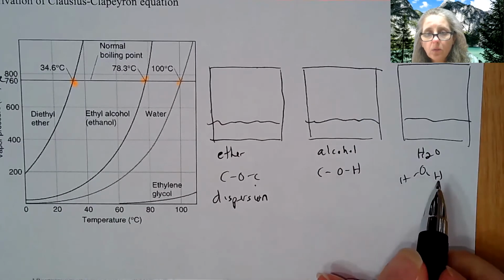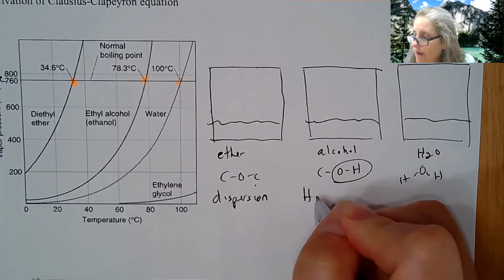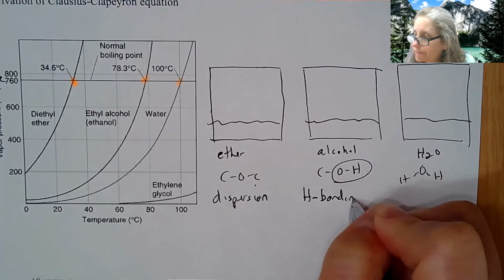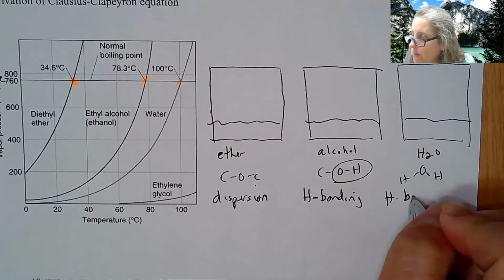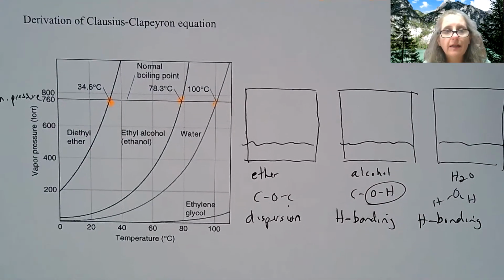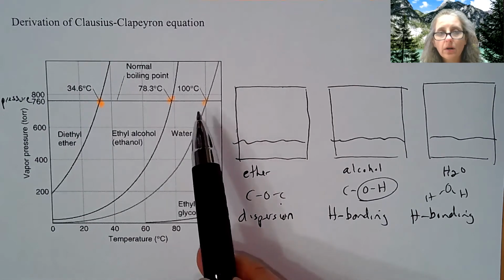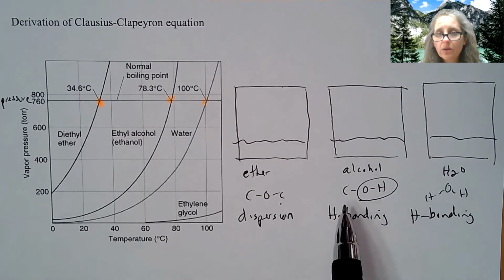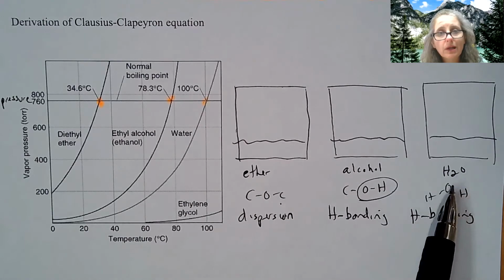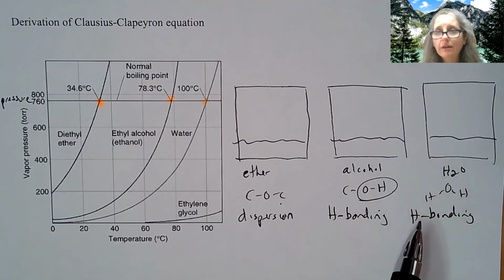While alcohol and water, because of this OH, are going to have hydrogen bonding. So both of them have hydrogen bonding. But if I gave you data like this, what can you say about the ethanol, the alcohol, versus the water? Well, the alcohol is going to have more vapor than the water does. Even though they both have hydrogen bonding, water is a definite outlier.